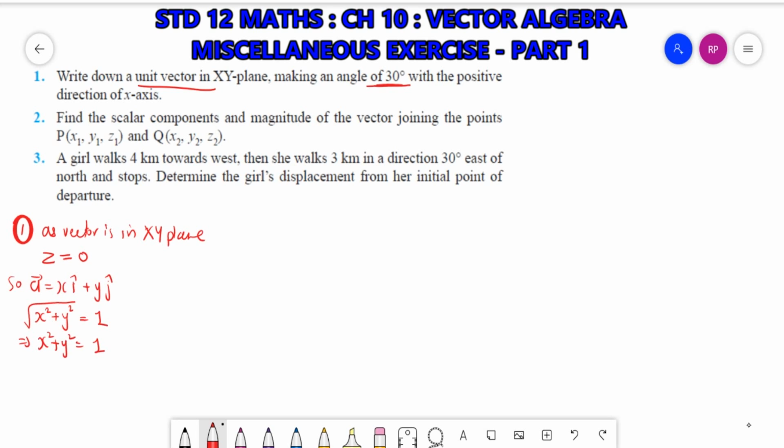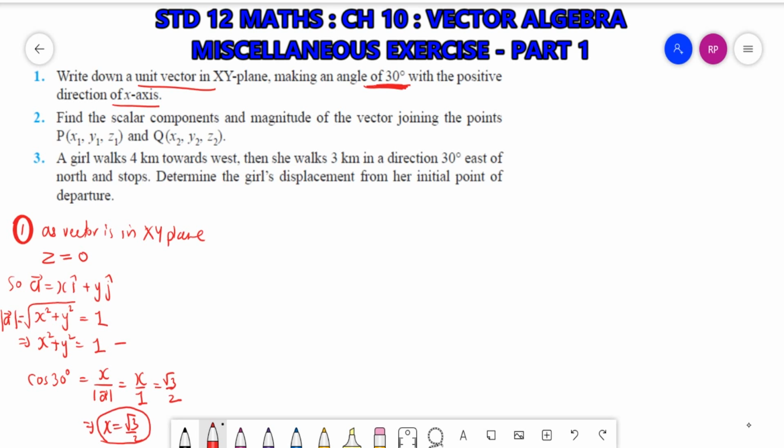Now the angle it is making is 30 degrees with the positive x-axis, so I can write cos 30 degrees equal to x upon the modulus of the vector, which is 1. The value of cos 30 is root 3 by 2. So this implies x equals root 3 by 2. I got the x component.